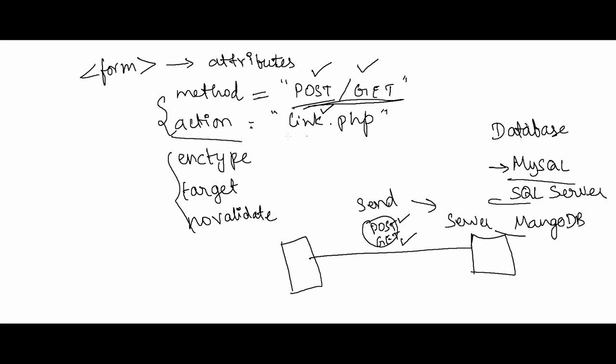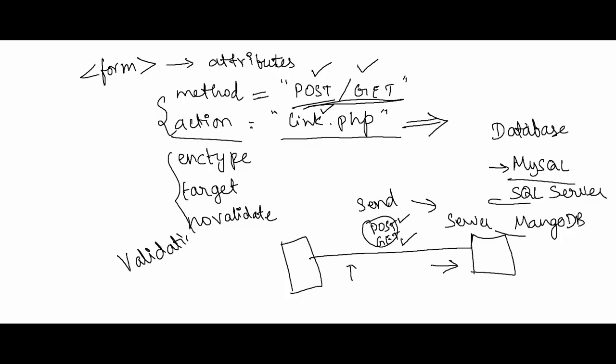After submitting this form, to which link should that form be linked? Okay, so anyway, after clicking submit, something has to happen to take this data to the server, or else validating the form.